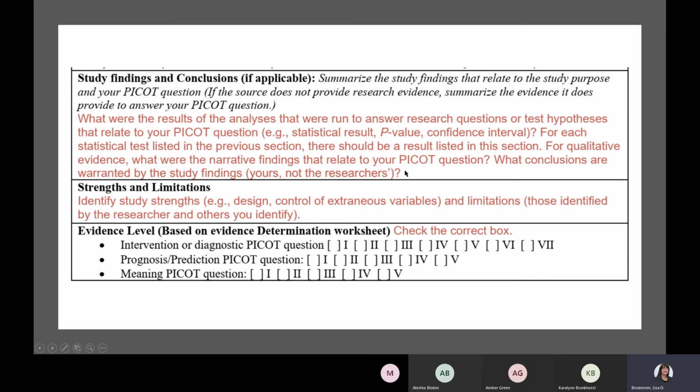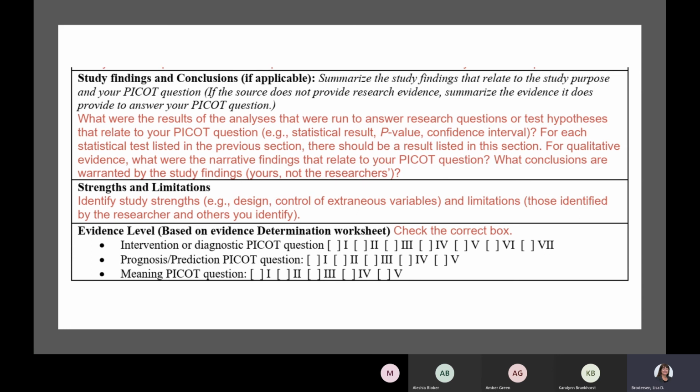So if the researchers, for example, did not find a statistically significant effect of the vaccination for the COVID-19 virus, then you would not be warranted in concluding that the COVID-19 virus vaccine is effective, because they would have to find a statistically significant difference in the development of the virus by people who got the vaccine compared to those who did not.